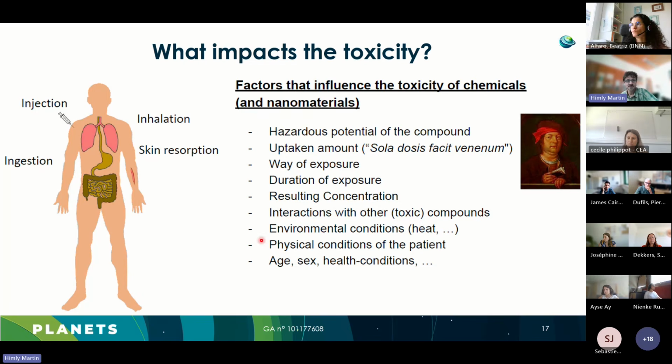Environmental conditions, heat might then also alter the physical conditions of patients. We have to think, of course, of the human cohort, and we are much more diverse than the mouse cohorts or the rat cohorts in a kind of certified environment, of course. So there are also preconditioned situations.